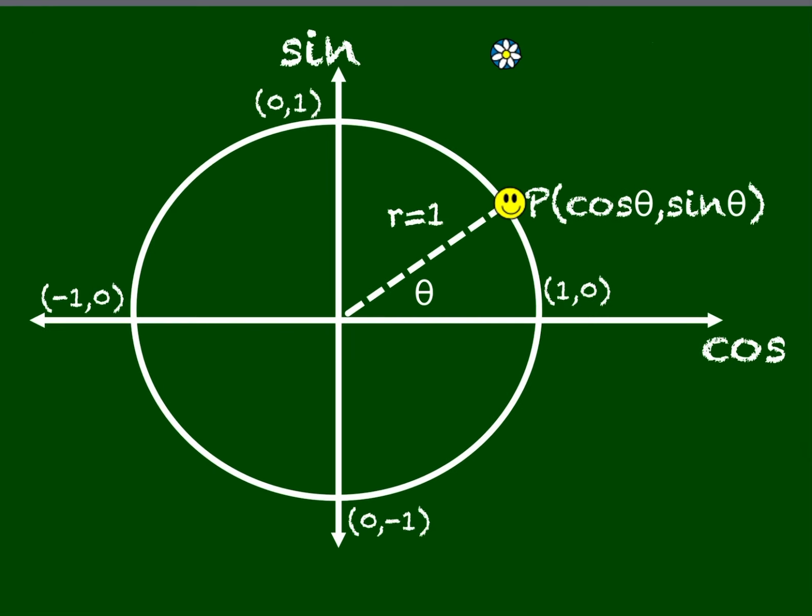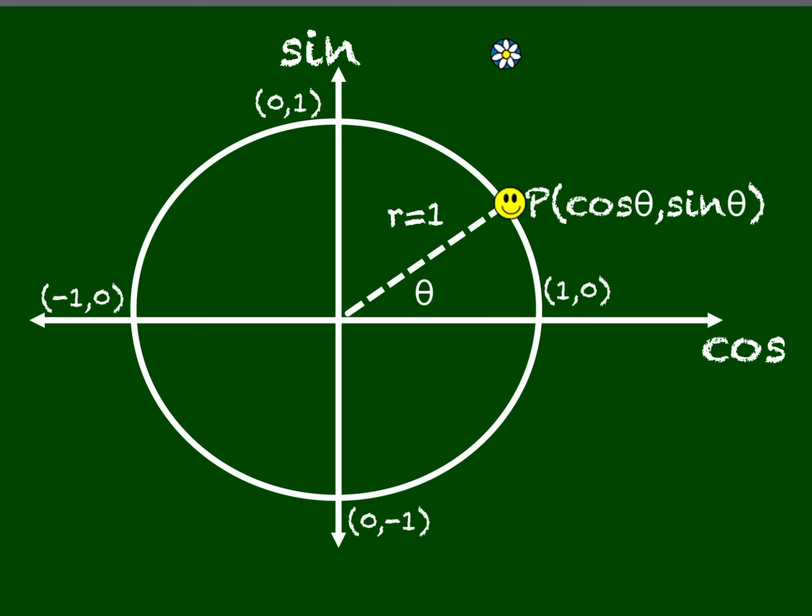So it helped me change the whole Cartesian coordinate system into sine and cosine. My point's coordinates can be written as cosine theta and sine theta, because this angle is theta.